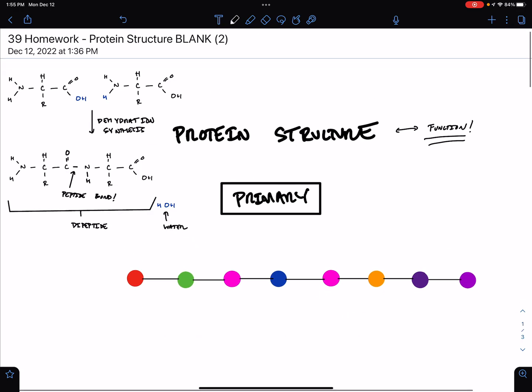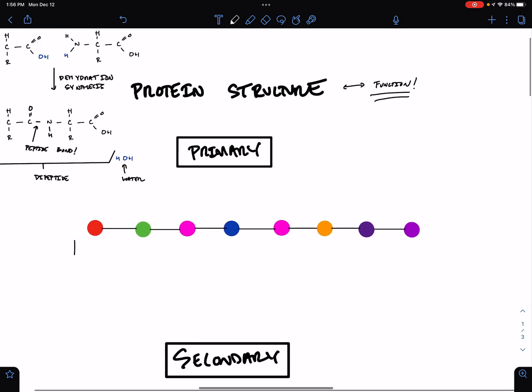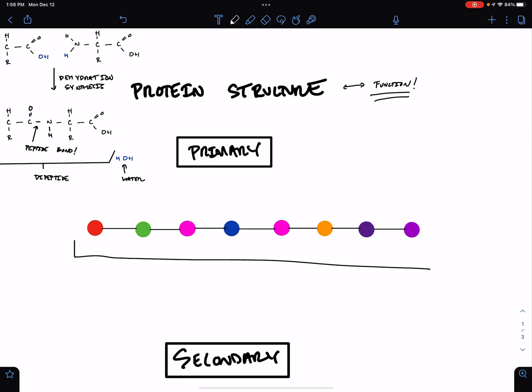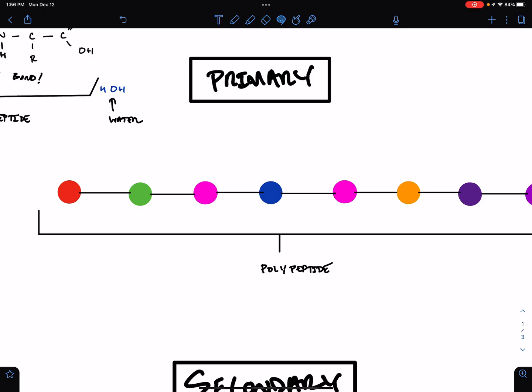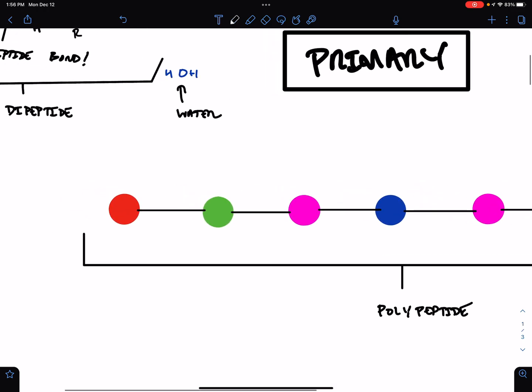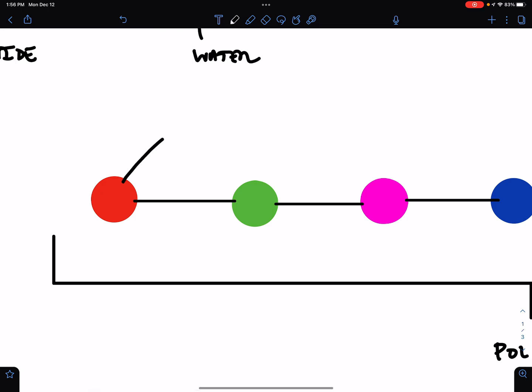Okay, so if we do this reaction many times over, we create a polypeptide. So this is my best interpretation of a polypeptide. I've drawn it as 2 words, but know that it's 1 word, polypeptide. Each of these different colored dots represents a different amino acid.